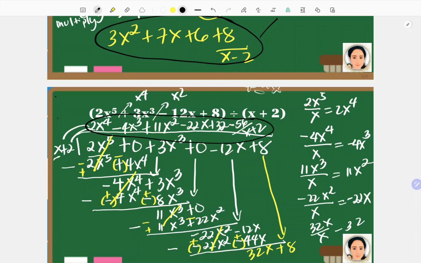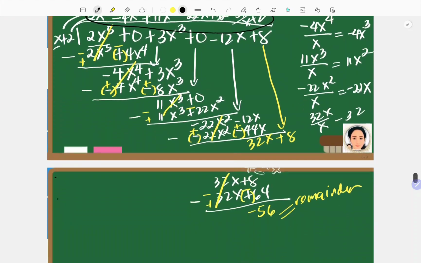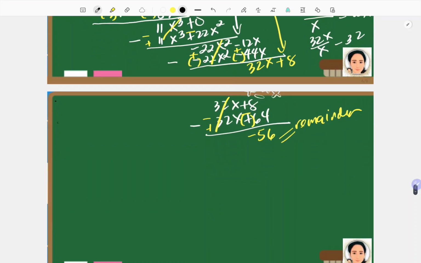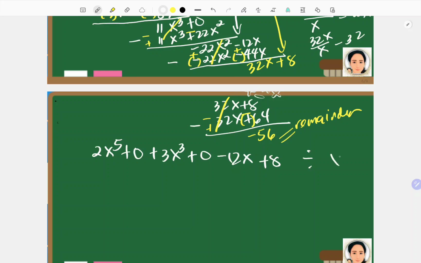Okay, let us use now the synthetic division. So we have here, let us copy first the given. We have here 2x to the 5th plus 0 plus 3x cubed plus 0 minus 12x plus 8. So divided by what? X plus 2. So let us get the numerical coefficient only.